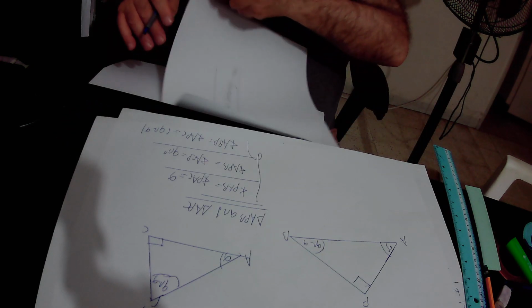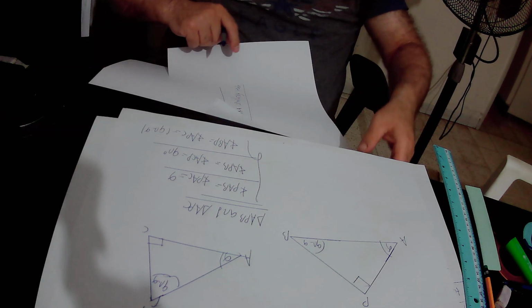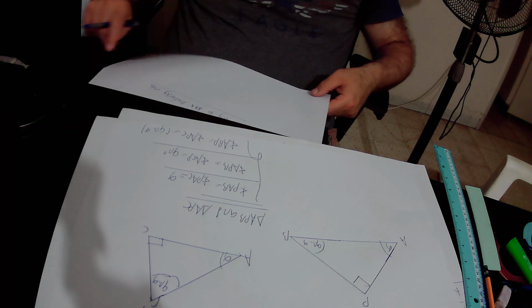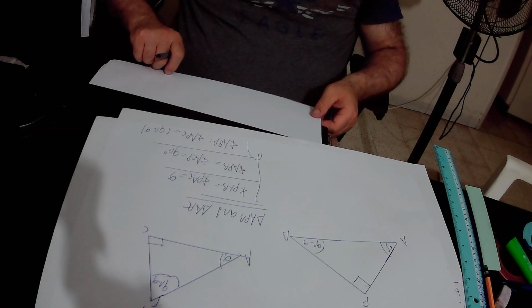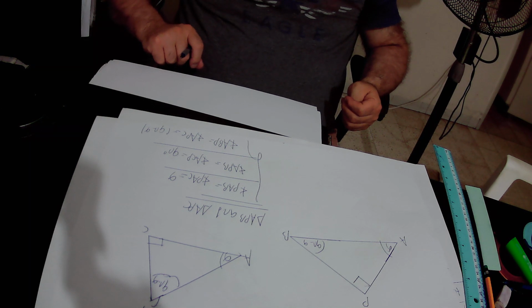So from the fact that those two right triangles are similar according to the angle similarity rule, we derive that the following relationship exists between their sides.